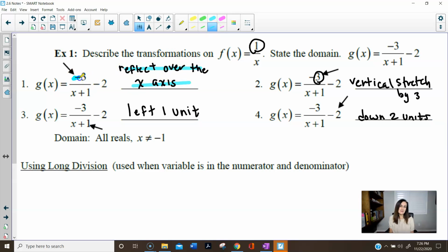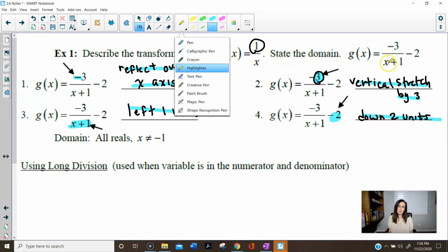So that negative is going to flip me over the x-axis. The x plus 1 in the denominator is going to shift me horizontally left 1, opposite of what you think. The 3 here is a vertical stretch by 3, and the subtract 2 is going to move my whole function down vertically 2 units. The domain is going to be all real numbers except for where that vertical asymptote is.